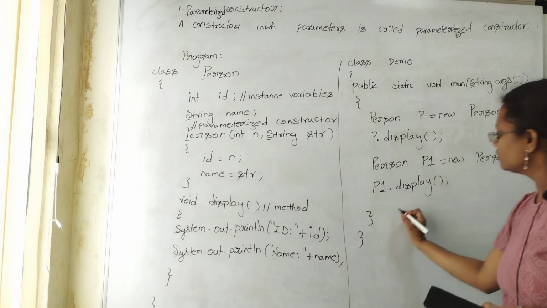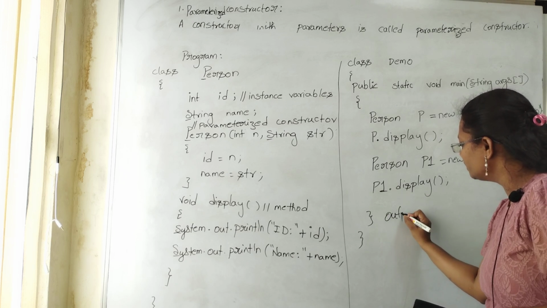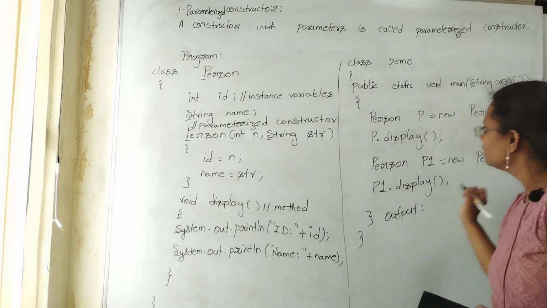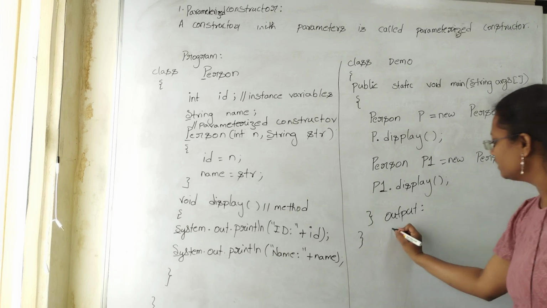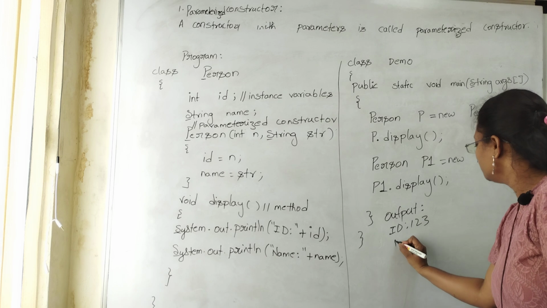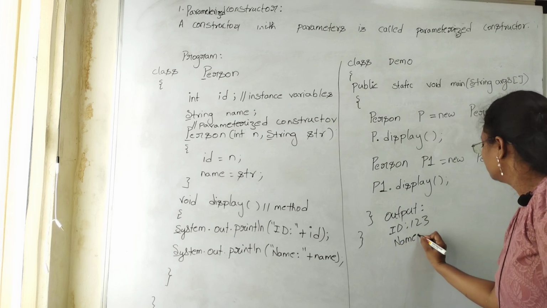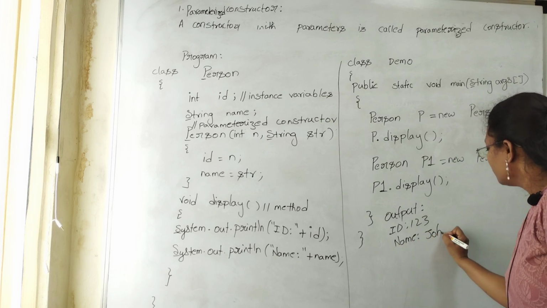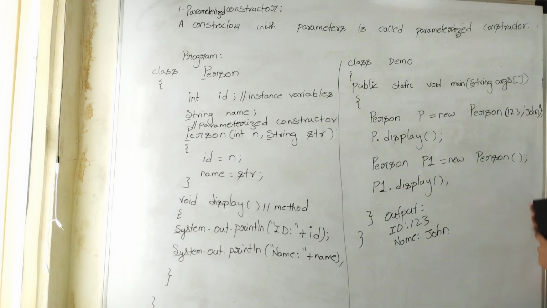When it prints the output, it is going to print id as 123 and name as John. For the second object, I am passing other details, for example 14 and Priya.